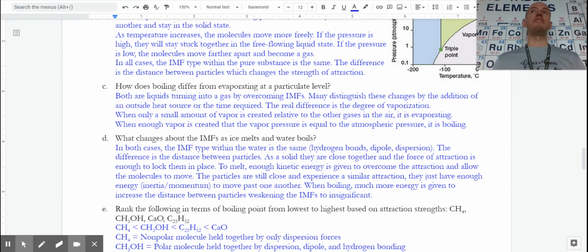If we are producing vapor at a relatively low amount compared to the amount in the air, that would be evaporating. When water evaporates either from the sun or just off of a table or a spill off of the floor, it's evaporating because we have far more pressure from the air than we do from the water vapor that has evaporated. When we take a pot and we boil it, or a beaker on the hot plate, the area above that has as much vapor pressure as the atmospheric pressure of the air.